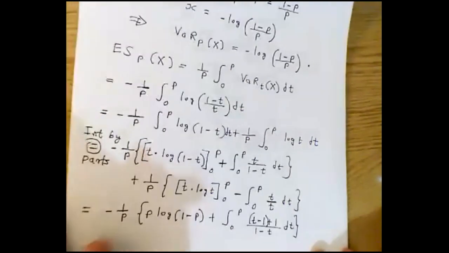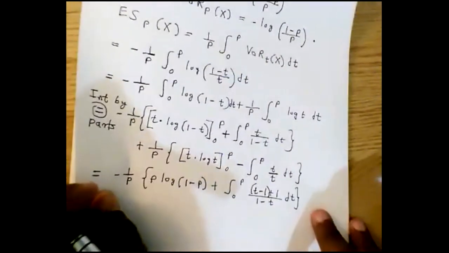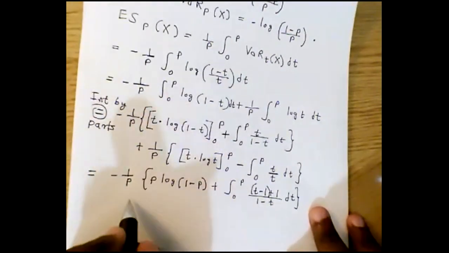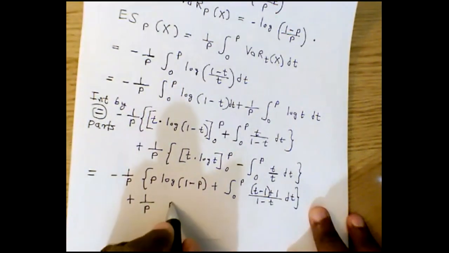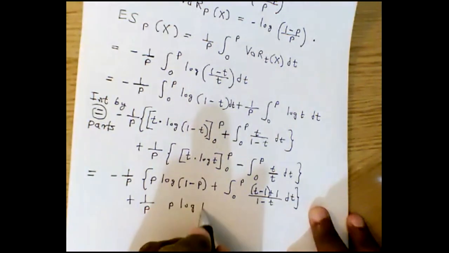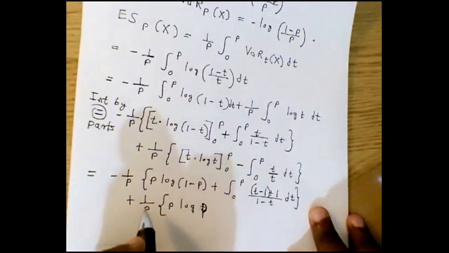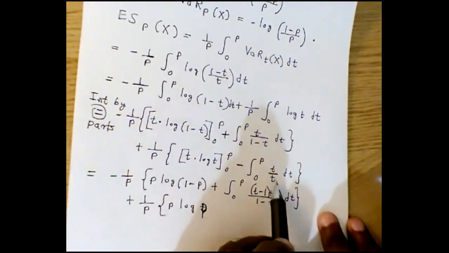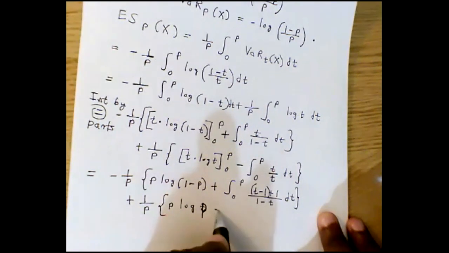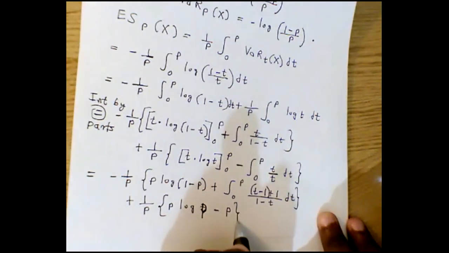Okay. And for the second term, you have plus 1 over p. The limit at p is p log p, and the limit at 0 is 0. The limit at p is this one, and the integral of 1 from 0 to p is p. Okay. All right. Are you guys with me so far or no?